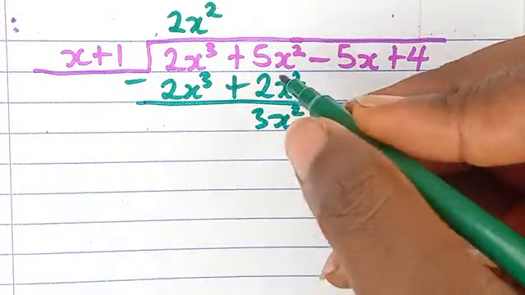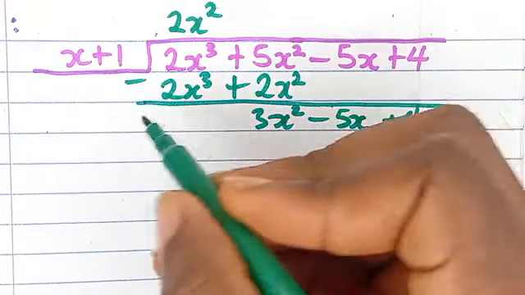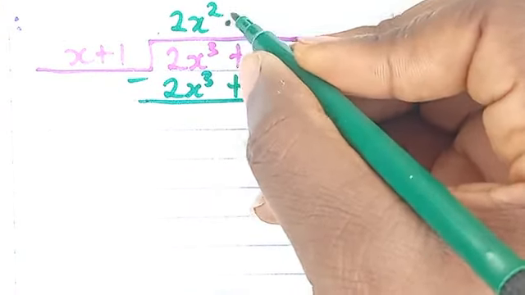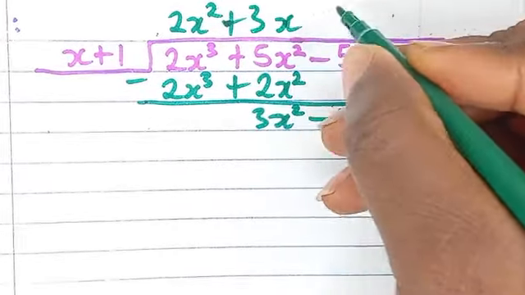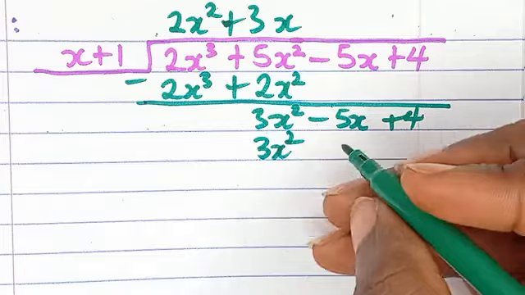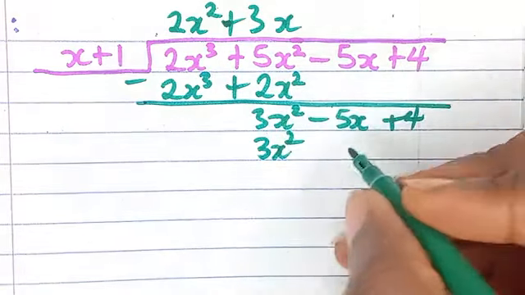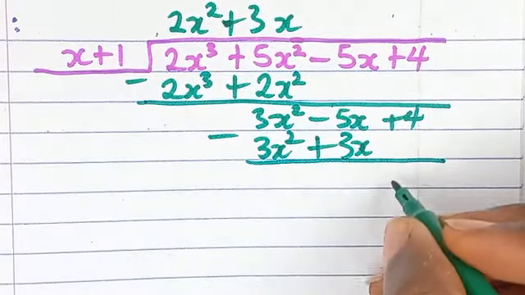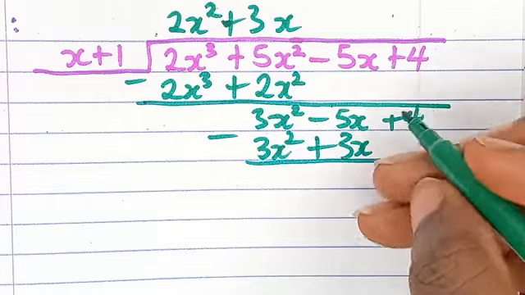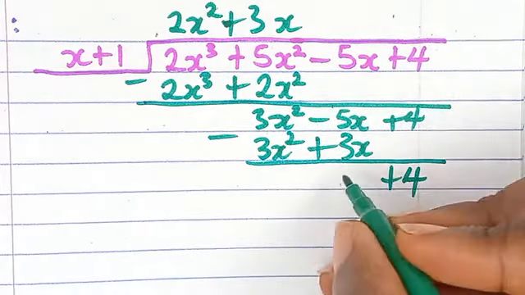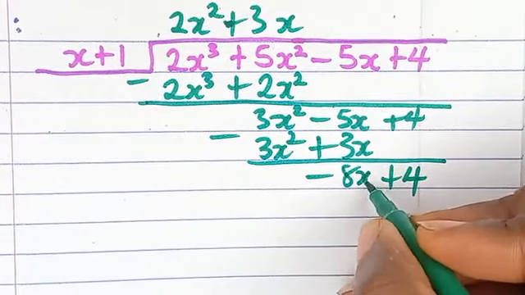So we are going to divide into this. x divided into 3x squared, we are going to have plus 3x, and then 3x times x is 3x squared. 3x times 1 is plus 3x. We subtract. We bring down plus 4, and then we have minus 5x minus 3x is minus 8x.